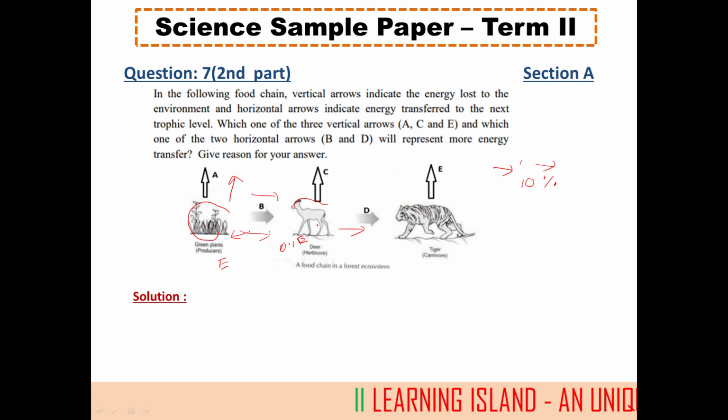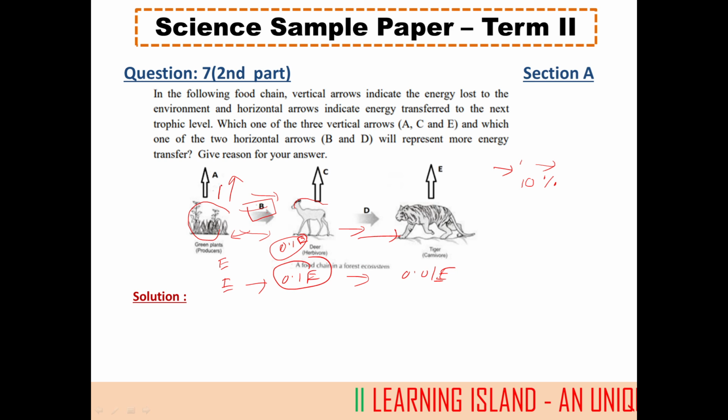And from here it will get 10% of this 0.1. So the energy transfer is more at B, because from E it is getting 0.1 E and from here it is getting 0.01 E. So this is more. Again the same case happens.